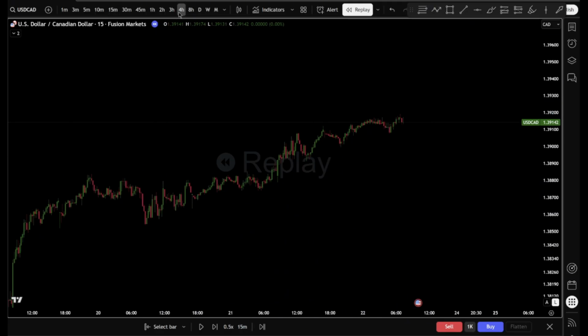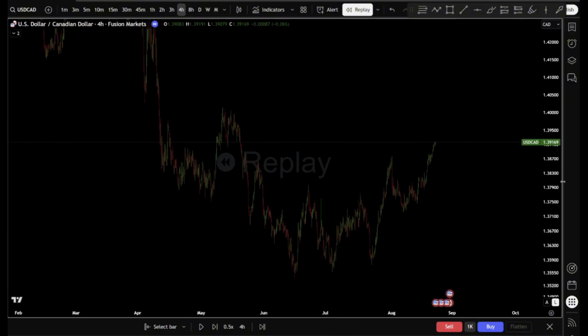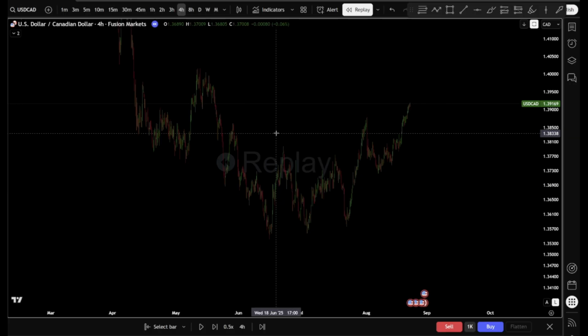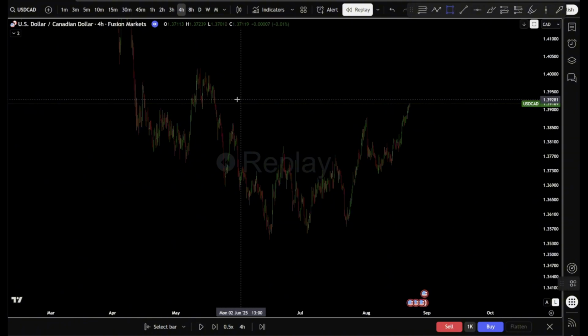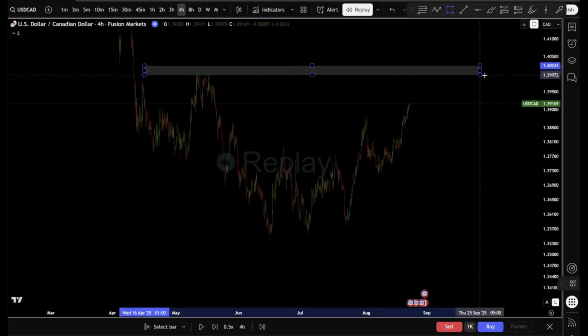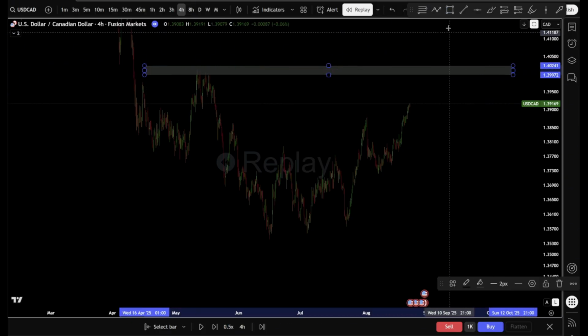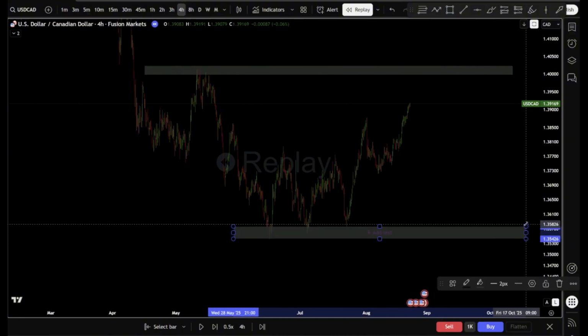Now we will go in the higher time frame just to put the support and resistance. Master the basics, people. This is very important. A lot of people think they mastered it, but they haven't, and they still keep losing. So we will put the resistance right here in the higher time frame and the support right here.